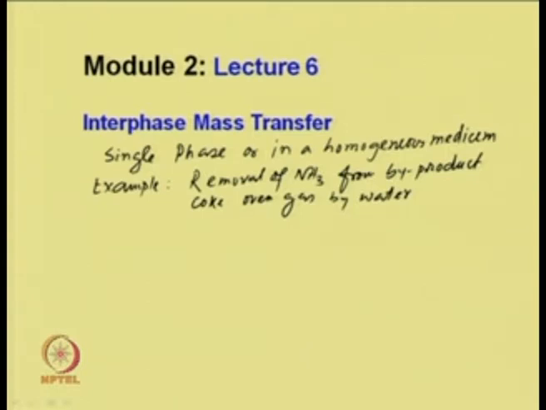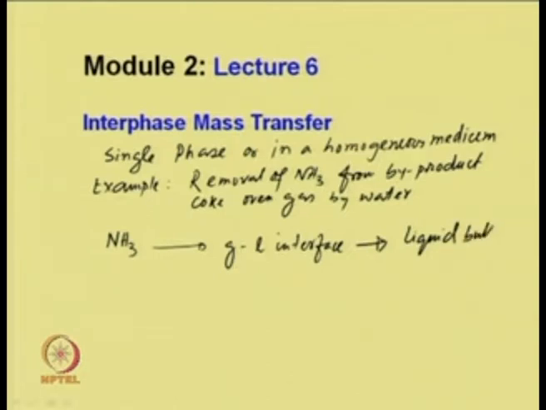In this case, ammonia diffuses from the gas bulk phase to the gas liquid interface, and then from the gas liquid interface it is transported to the liquid bulk. And this is one example of interphase mass transfer.